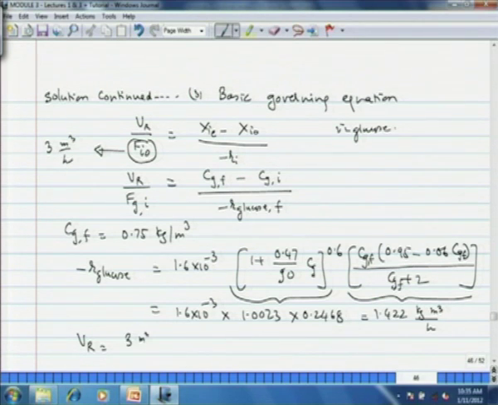So, 3 meter cube per hour into final minus initial, 0.75 minus 15, divided by, now minus Ri, because R is minus Ri, so we absorb the sign here, 1.422, and then the VR turns out to be 30 meter cube.